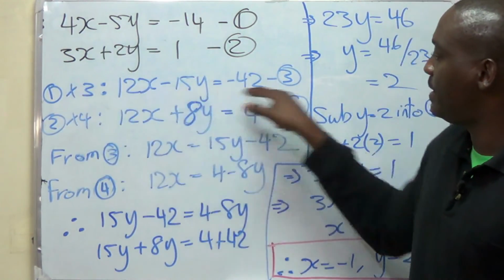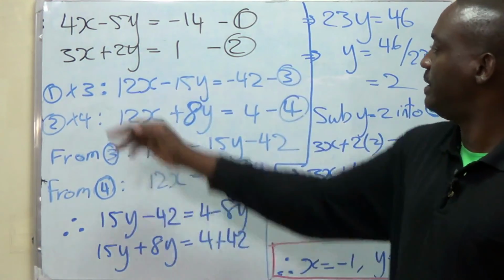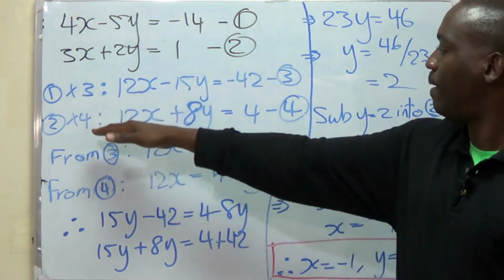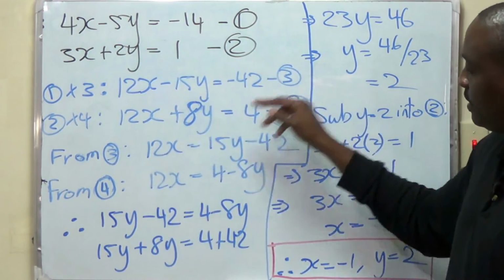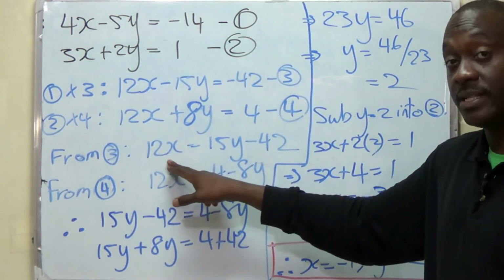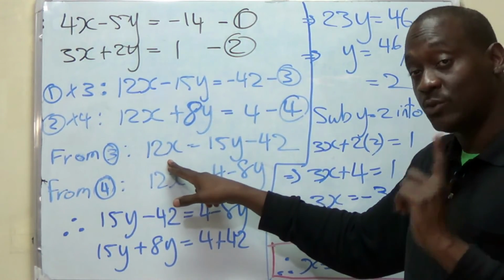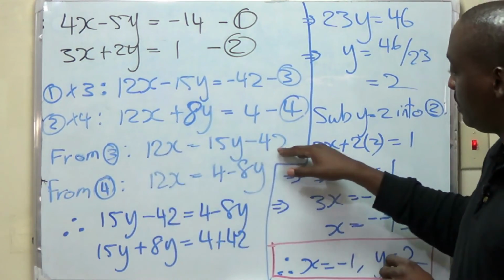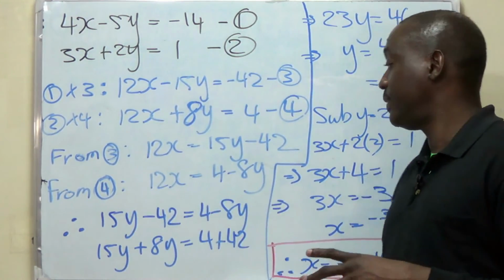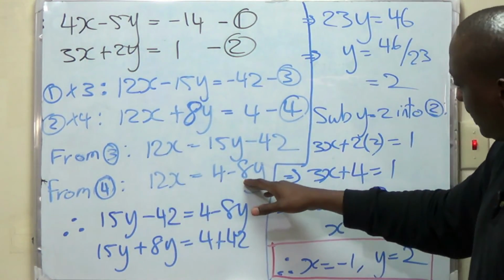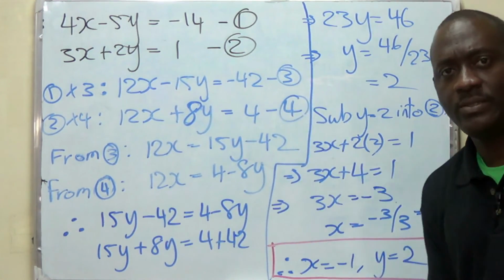So we multiply equation 1 by 3, boom. We multiply equation 2 by 4, boom, boom. Alright? So from equation 3, we make 12x the subject of the formula, not x, 12x. 12x is equal to 15y minus 42. And from equation 4, we do the same thing. 12x is equal to 4 minus 8y. 12x is equal to 12x.